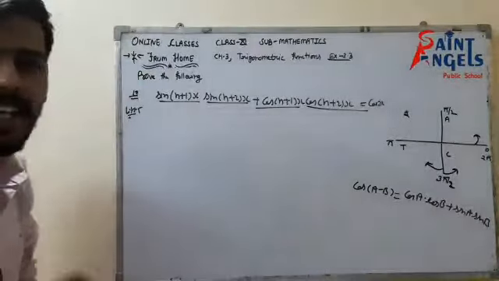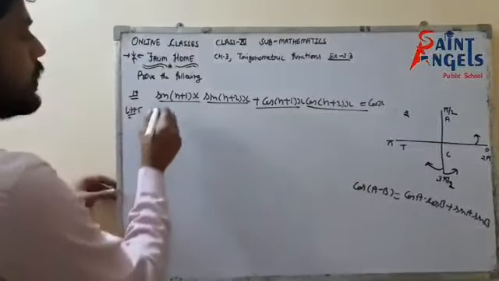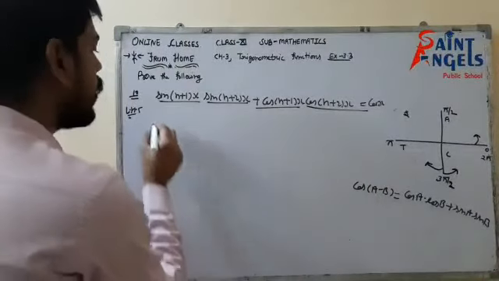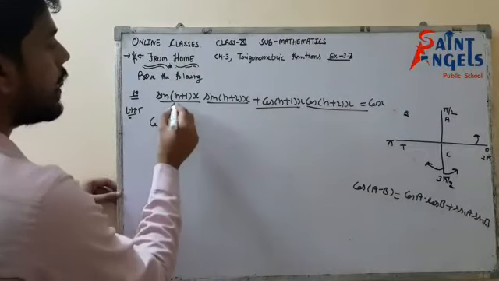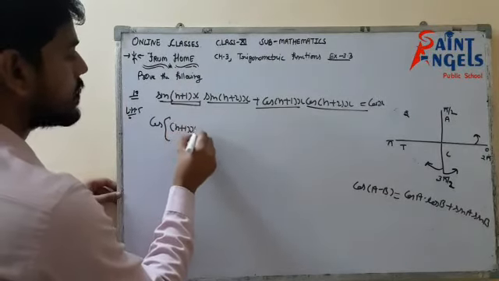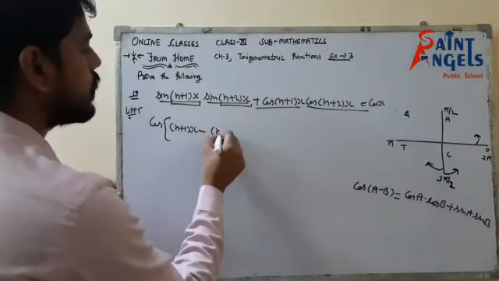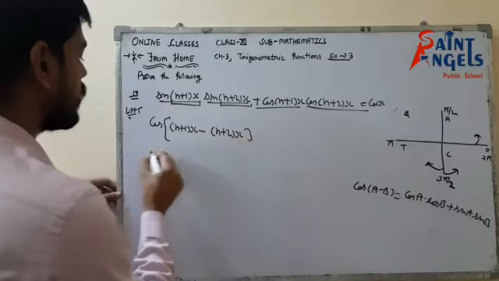So I am just writing it directly, because the same question I have already solved for you. So it is the formula of cos(a minus b). Here a is (n plus 1)x, so cos of (n plus 1)x minus b, where b is (n plus 2)x. Just solve it.